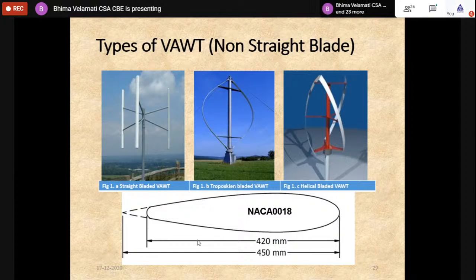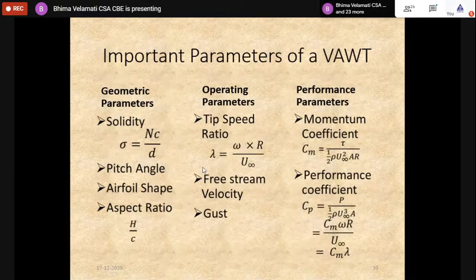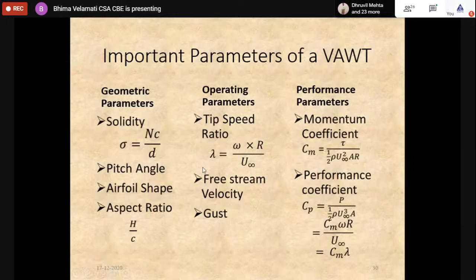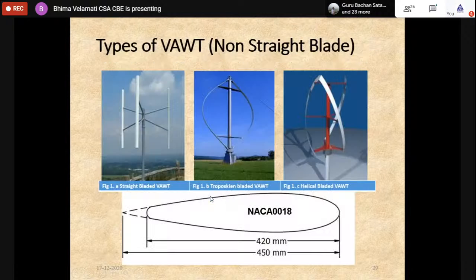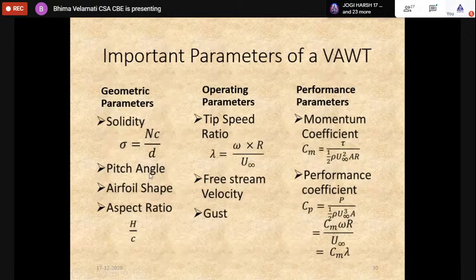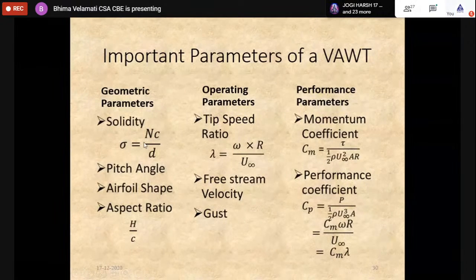Let us look at the parameters of interest. For the turbine, you are looking at aerofoils, so their geometric parameters are generally solidity, pitch angle, aerofoil shape, and aspect ratio. Solidity is defined as the number of blades times the chord of the aerofoil, divided by the diameter of the turbine.